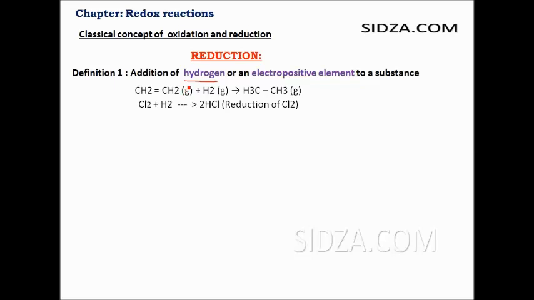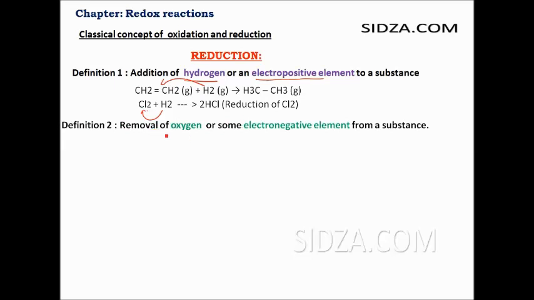Addition of oxygen is oxidation, but addition of hydrogen is reduction. If you add hydrogen, that is reduction, or if you add any electropositive element, that is also reduction. Suppose in this example you are adding hydrogen, breaking a double bond to get a single bond. Addition of hydrogen is reduction.